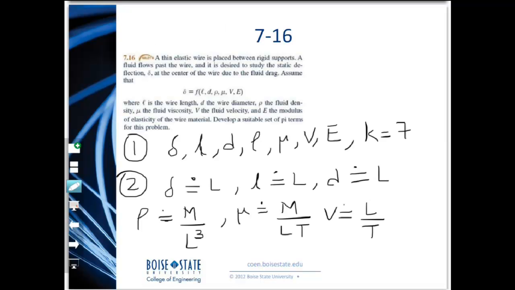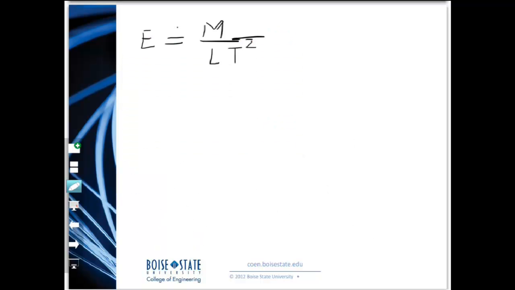Okay, so if you look at the step, you have written everything in terms of the basic dimensions, okay, and then you see how many primary dimensions appear in the problem. So I see an M, I see an L, I see a T. So all the three basic primary dimensions appear in the problem. So that means my reference dimensions r is equal to 3. Okay.